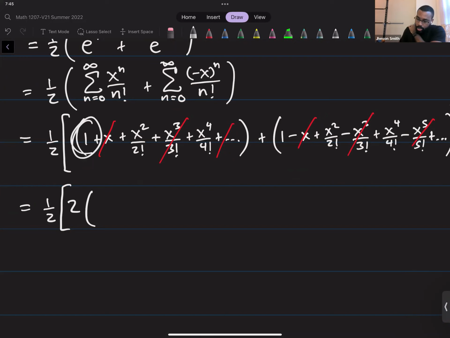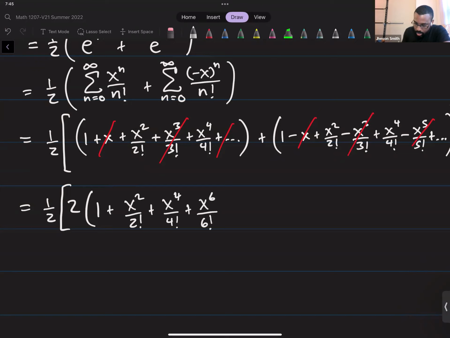You'll have 1 plus a 1 and this plus that. And so you can double the 1 plus the x squared over 2 factorial plus the x to the 4th over 4 factorial plus the x to the 6 over 6 factorial. Now the 2 would cancel the 2.